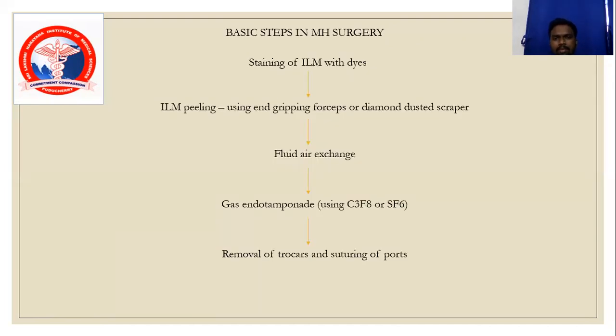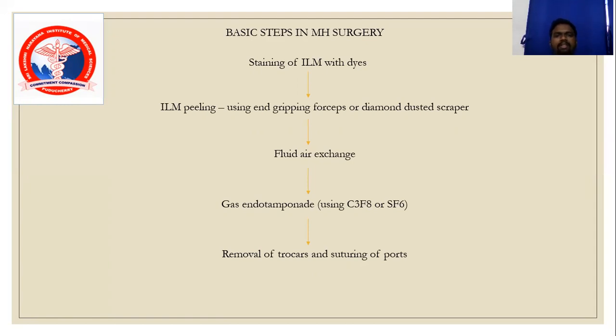So what are the basic steps? Post-staining, we peel the inner limiting membrane using a MaxGrip forceps or an end-gripping forceps, or using a diamond dusted scraper. Post peeling of the macula, either we can remove the inner limiting membrane as a whole, or we can do an inverted flap technique, which acts as a scaffold for the neurosensory retina to grow over.